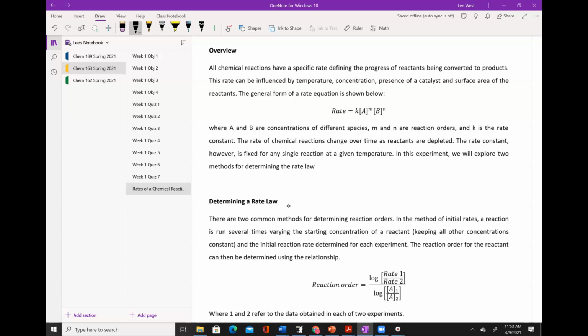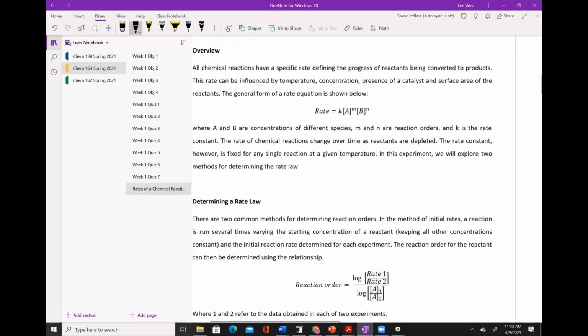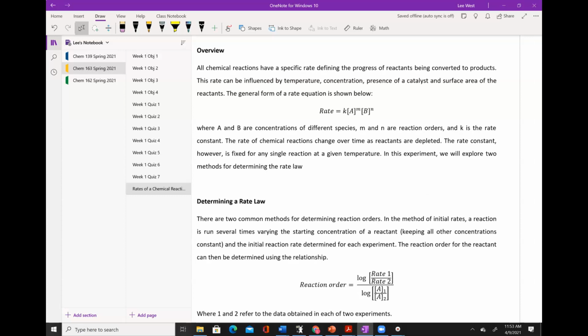And basically, the bigger the reaction order, the more sensitive the reaction rate is to the presence of that particular reactant. So if it's like 0 order in a reactant, it's not sensitive at all to the presence of that reactant. But if it's like 5th order or something like that, very high order, then it's highly sensitive to the presence of that reactant.